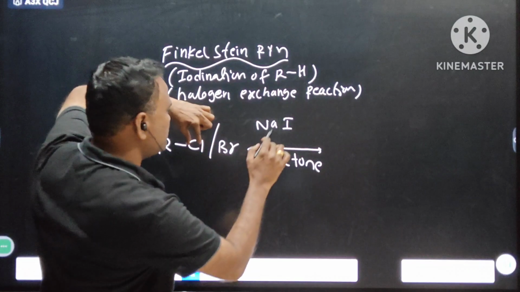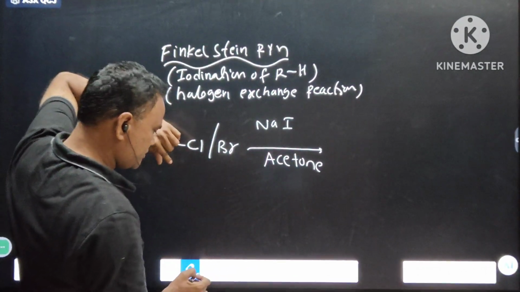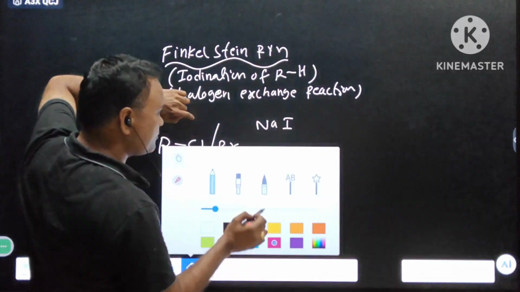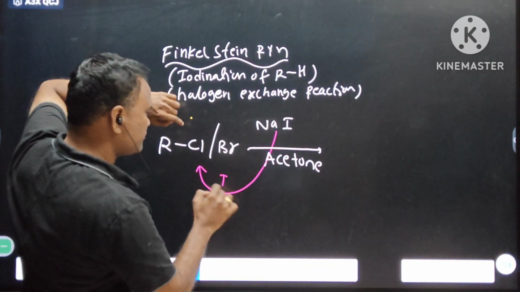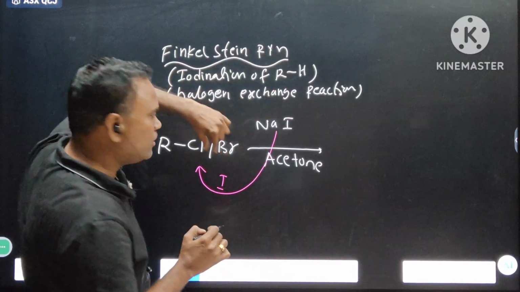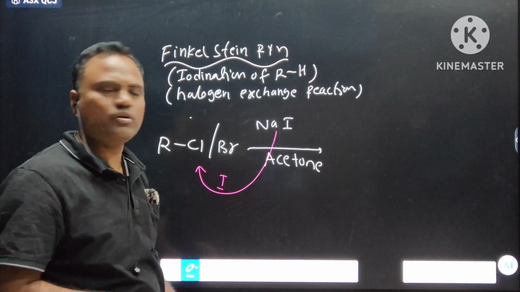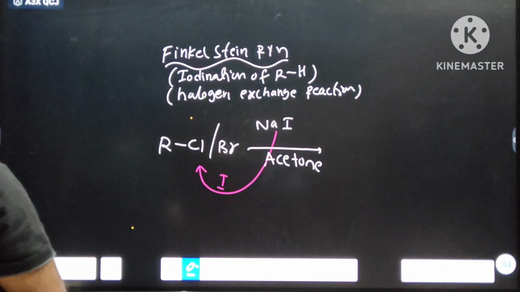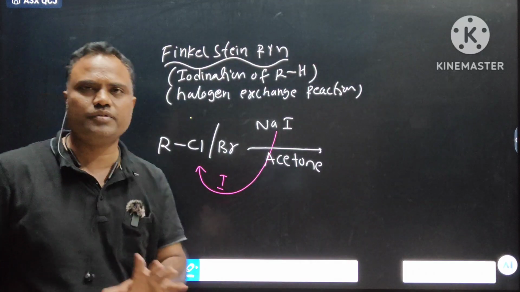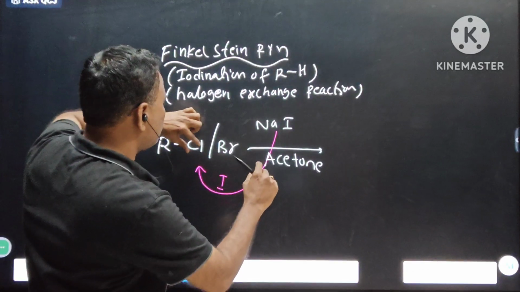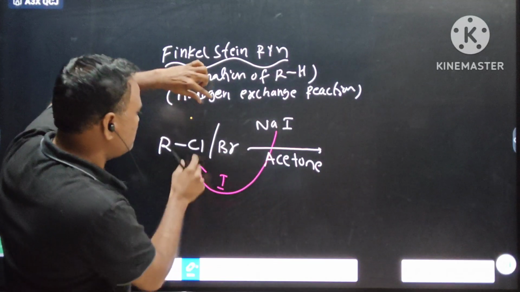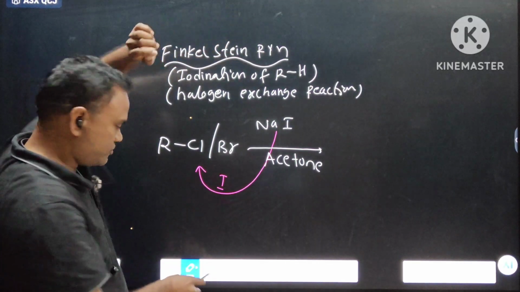See, this halogen is exchanged by iodine. This Cl or Br is removed and iodine is substituted.